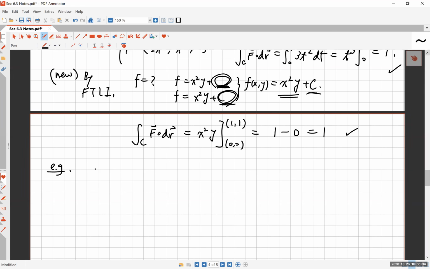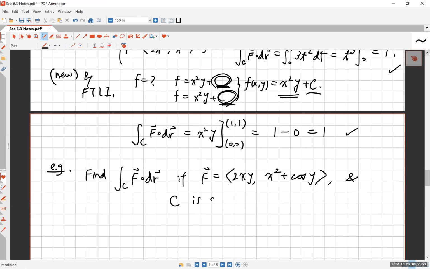All right, so let's see, find the line integral f dr, which is a work integral, right? If your vector field is 2xy, x squared plus cosine of y, and C is any path curve from 0, 0 to 1, pi.